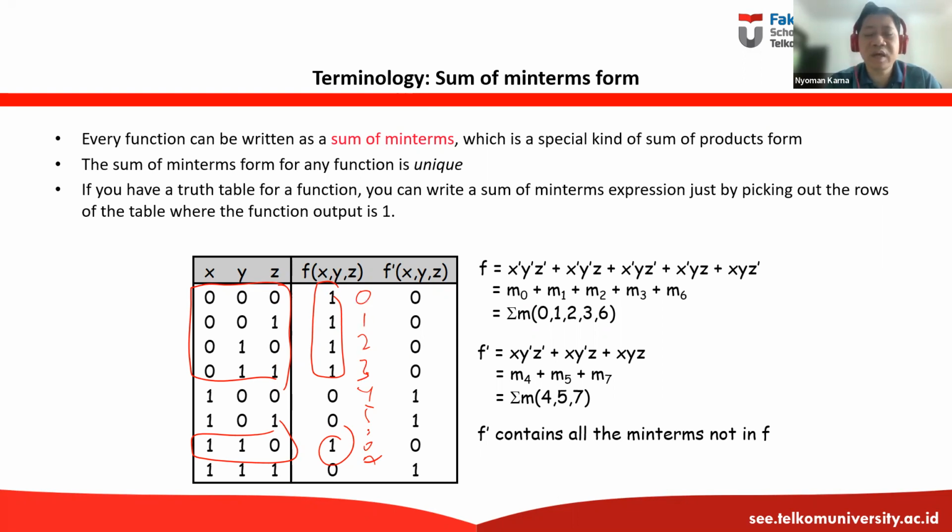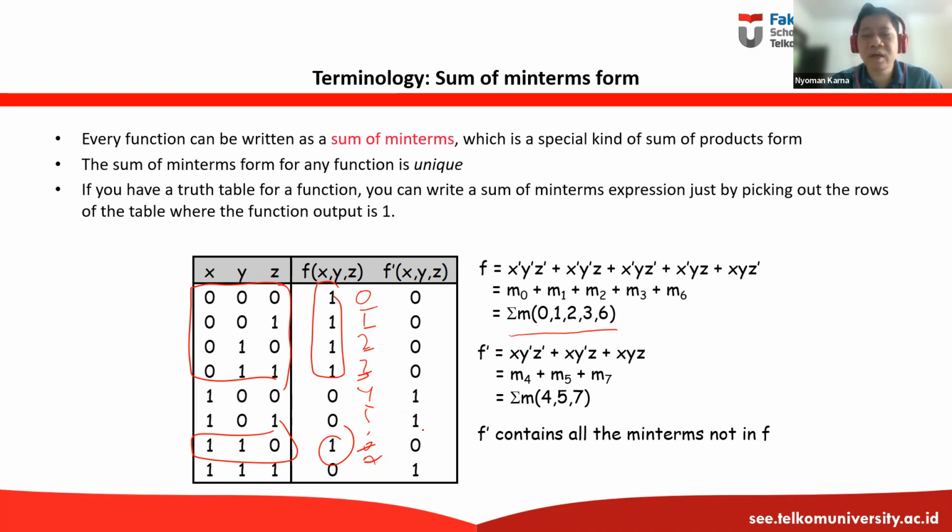If we want to represent this in SOP, by identifying only the active outputs, then we can show the SOP by using 0, 1, 2, 3, and then 6, all of the members that create the output 1.